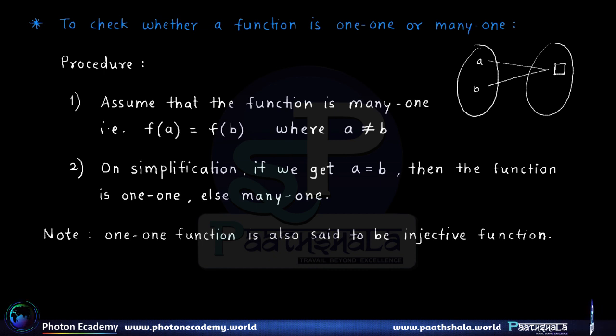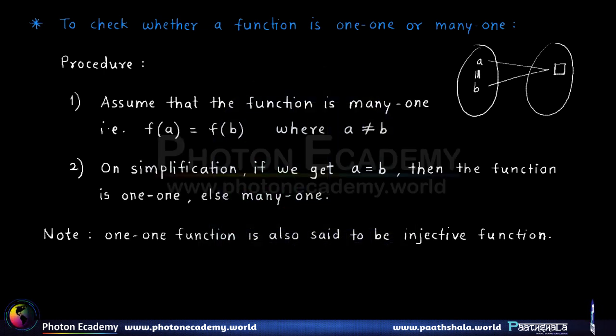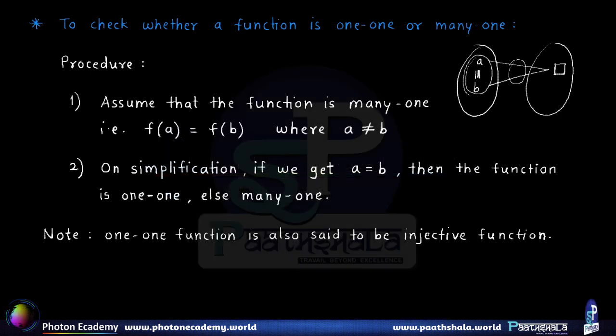But on solving and simplifying, if we get that a is equal to b, it just means that a and b are not two different values but one and the same value. So in that case a and b is nothing but a single value, so that many to one relationship will be nothing but a one to one relationship only.